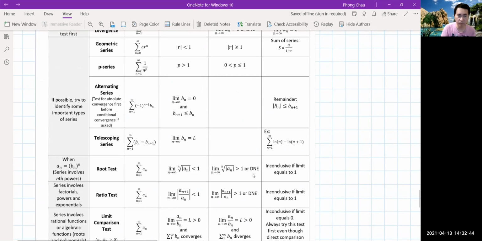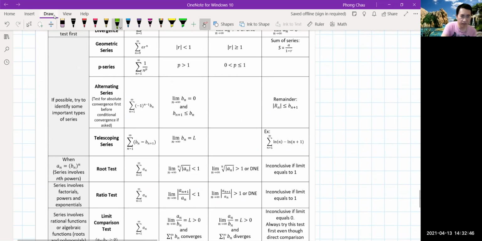So let's say you have a series like the sum of 3 to the n times n squared over 7 to the n.